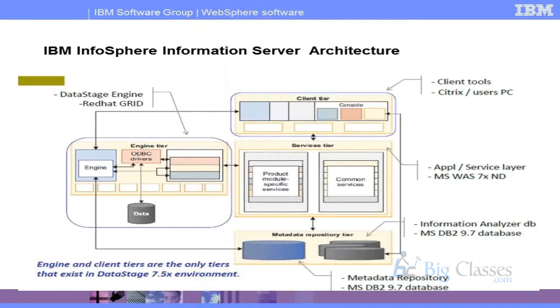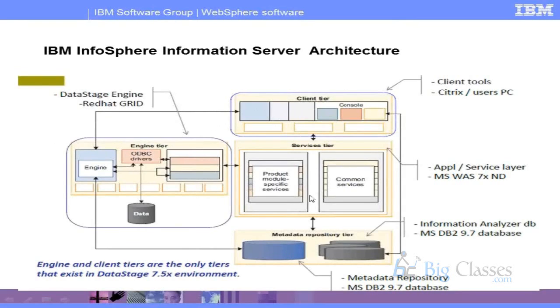We are not going to call this a DataStage architecture; we are going to call this the IBM Information Server architecture. This architecture is going to have multiple tiers like client tier, services tier, repository tier, engine tier. Okay, we will discuss all these.